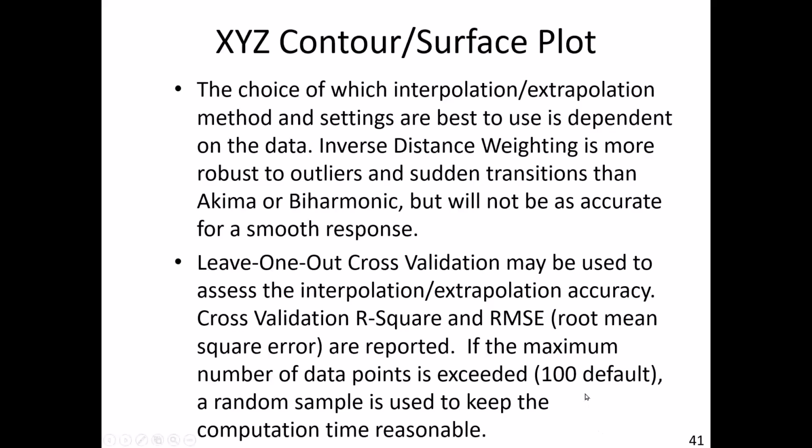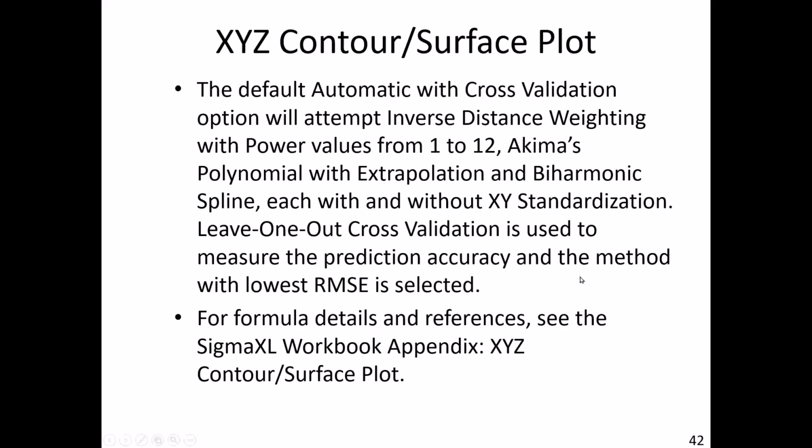And then based on that, you can decide which methodology is the best to produce your contour surface plot. So if you just use the default, it will go through inverse distance weighting with power values from 1 to 12. It will use Akima's polynomial with extrapolation. It will use Biharmonic spline.